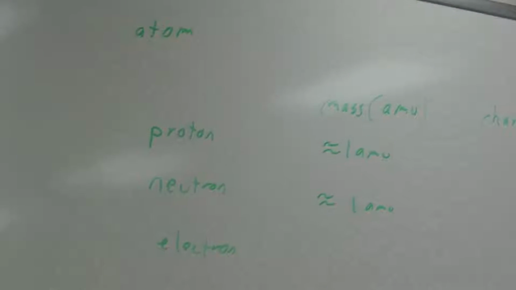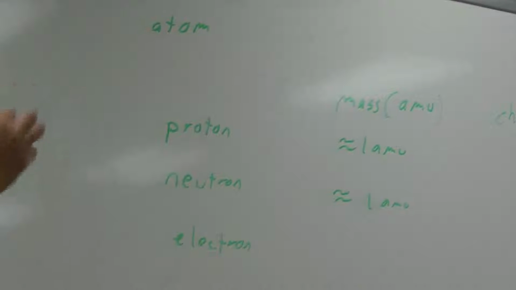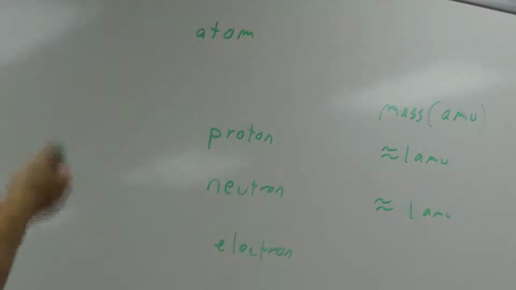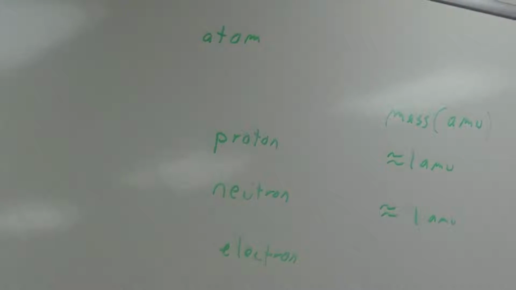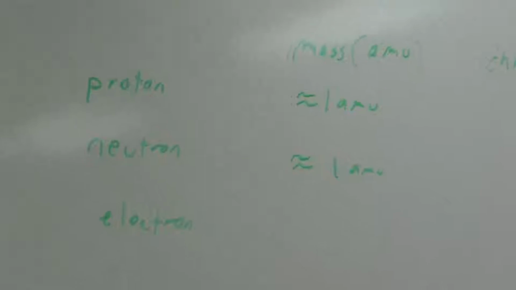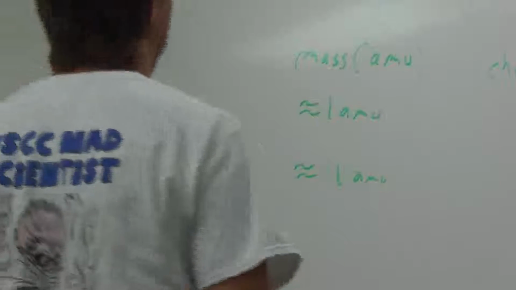The book will tell you it's probably like 1.0006 and 1.0007. I don't care. They're about 1. All right. They're about equal, and they're equal at 1 atomic mass unit each. Protons and neutrons weigh about the same, and they're defined as 1 atomic mass unit.